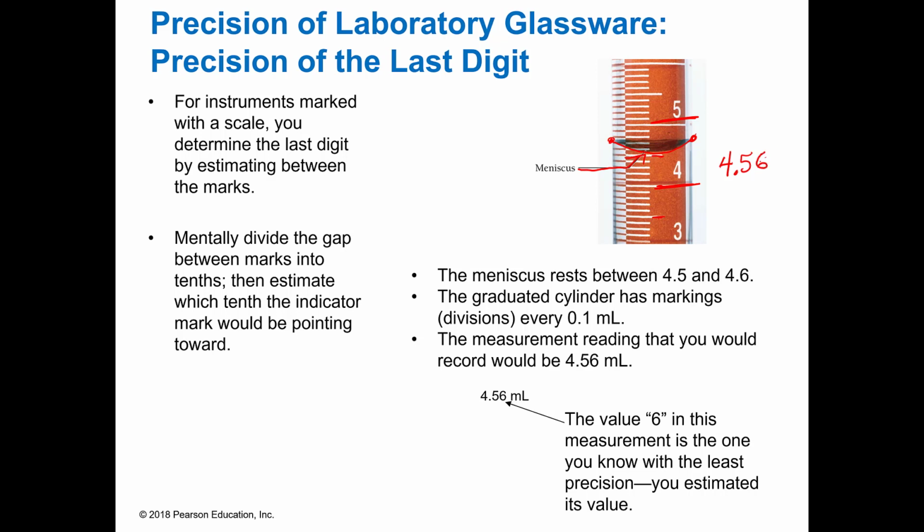My eyes say it's a little bit farther than halfway, so I'm going to call it 4.56. Notice that this is our uncertainty reading, okay? We have to make our best guess as to what that is. So I can report 3 significant figures in this measurement. Okay, so 4.56 milliliters is what I'm saying that is.